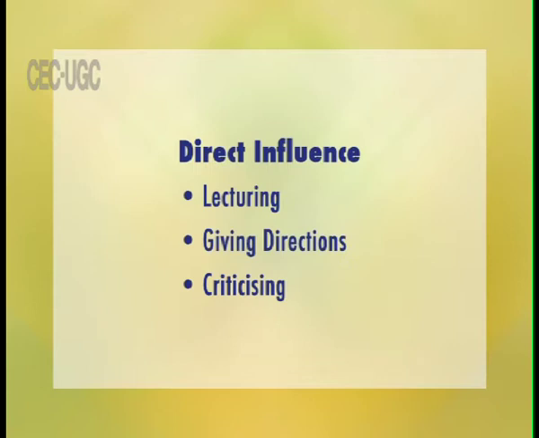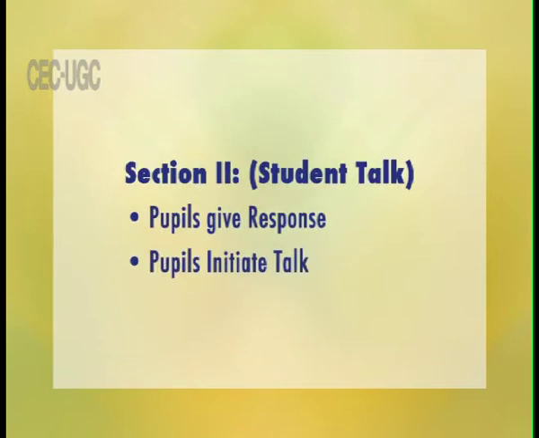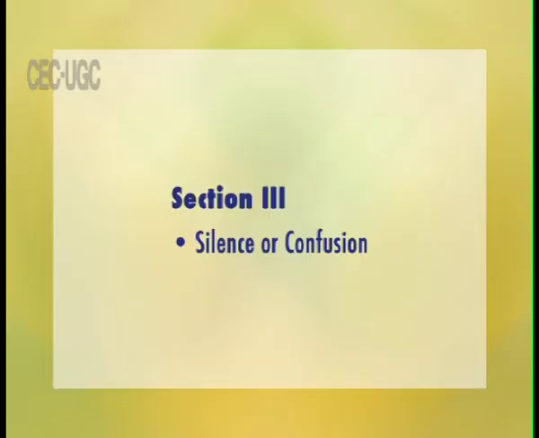In direct influence, there are 3 behaviors: lecturing, giving directions, and criticizing. Then in section 2, student talk, we have number 1, pupils give response, number 2, pupils initiate talk. Then the final, 3rd section, is silence or confusion.